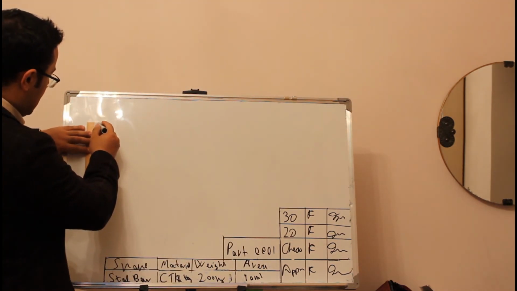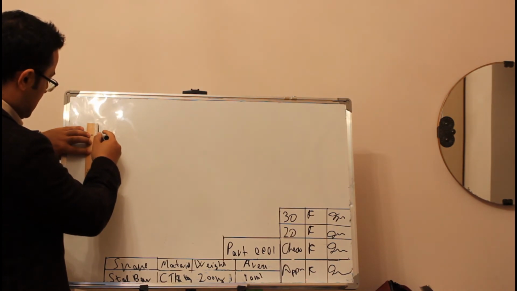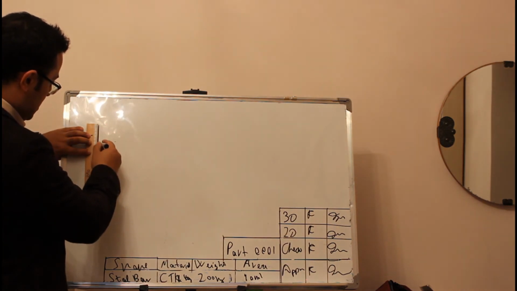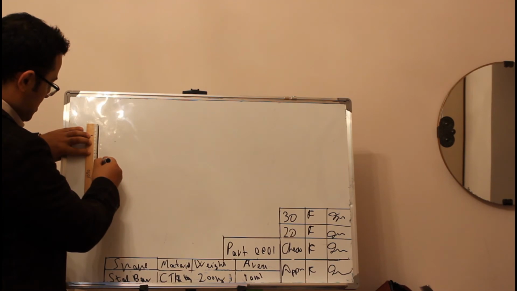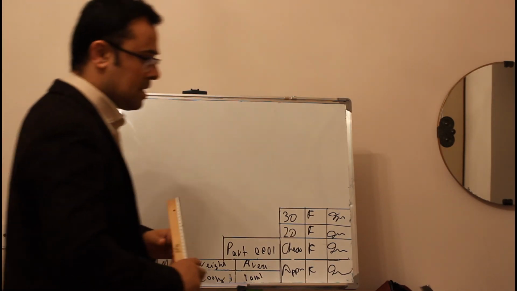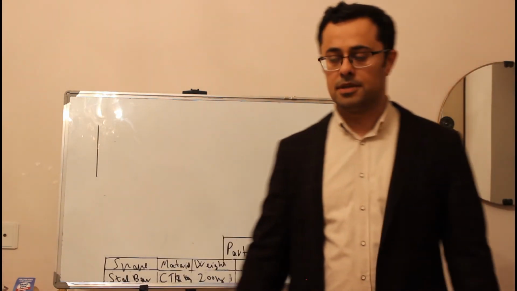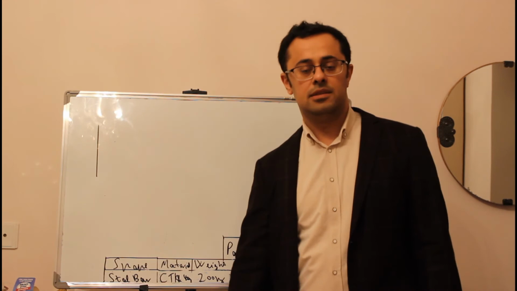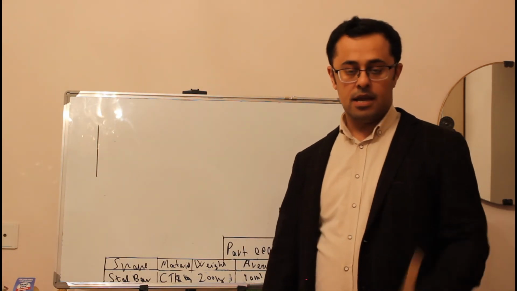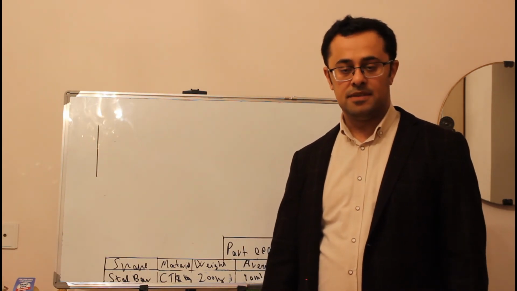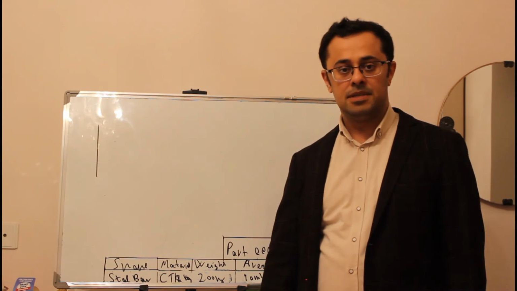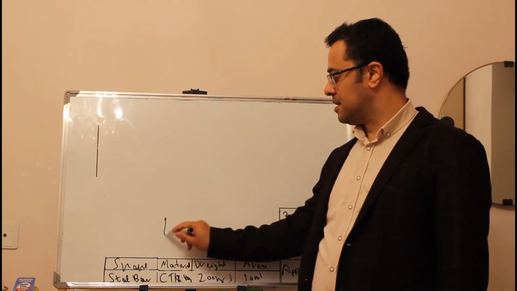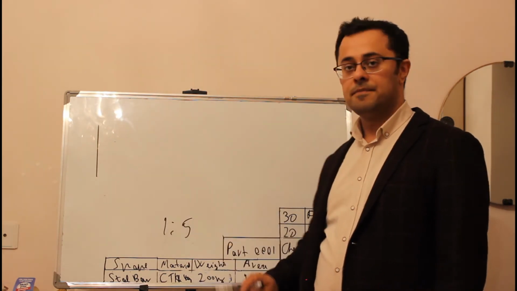I'll need at least 16 millimeters of diameter to show you the details of this shaft. And 80 millimeters divided by 16 means 5. So it's 1 to 5, yeah?